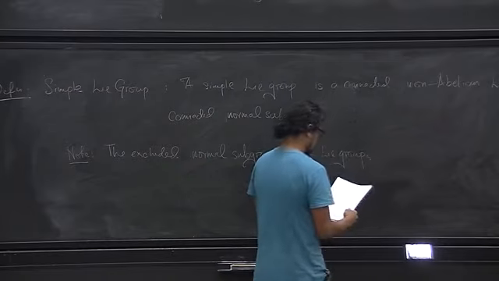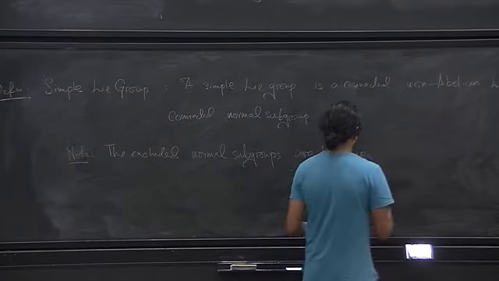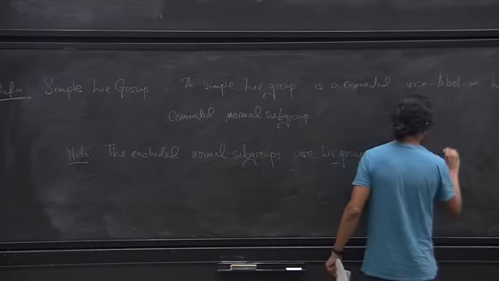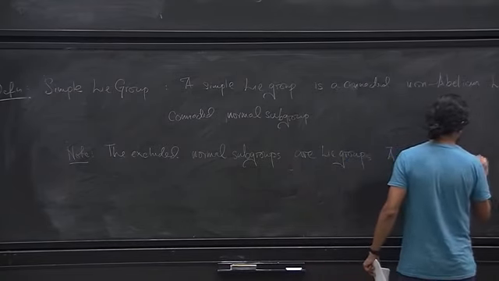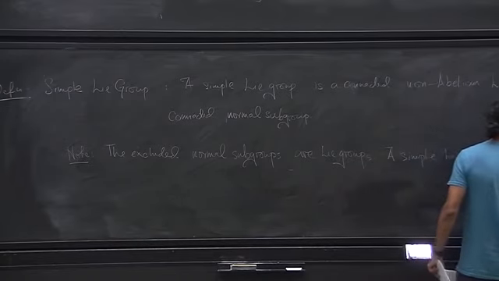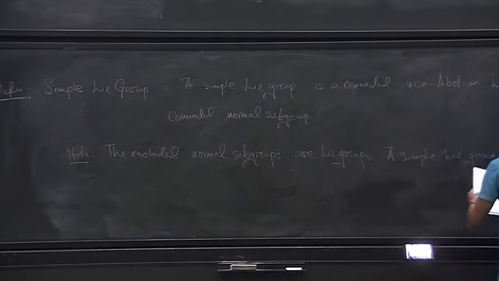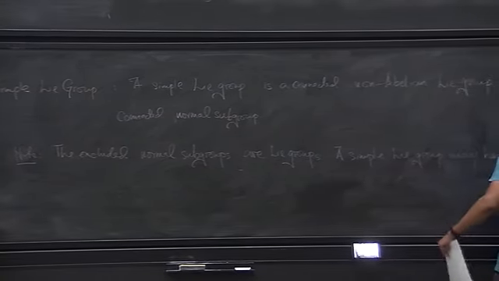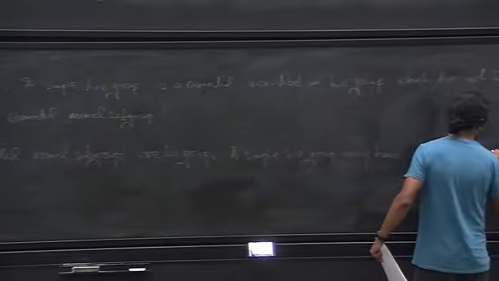So for example, in other words, a simple Lie group may have discrete normal subgroups.